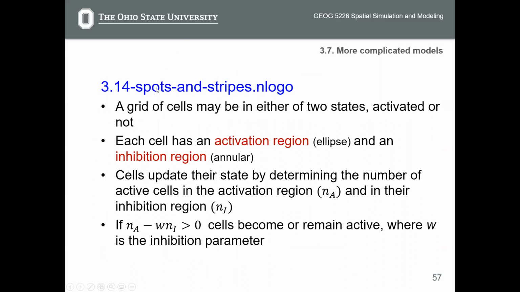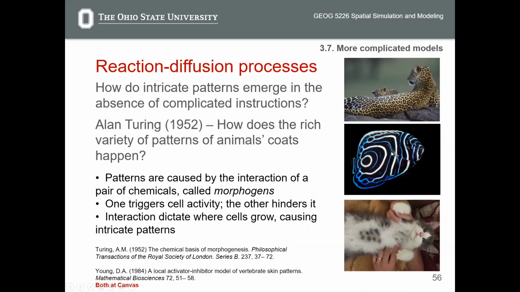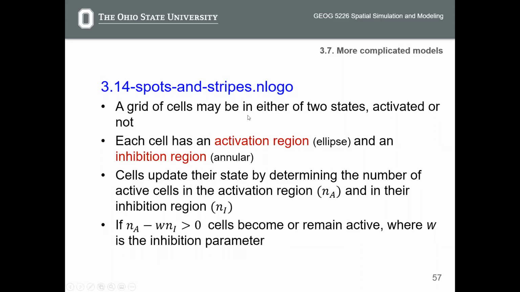And here is the model. Here is the model trying to simulate spots and the stripes on animal coats. Okay, so a grid of cells may be in either of two states, activated or not. Simple enough, right? 0 or 1, two states. Each cell has an activation region.